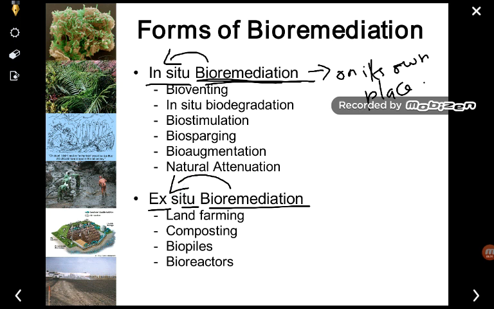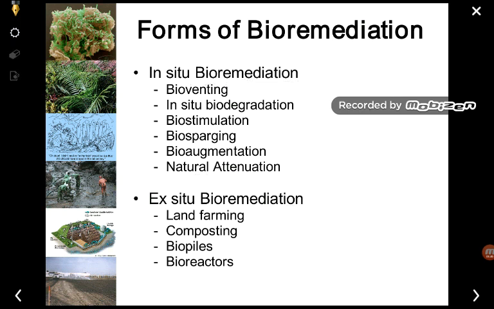practiced off site means that where wastewater is present and this wastewater is to be treated, the wastewater is taken to a particular tank and then there the remediation process is continued. That process is said to be ex situ, where the source is different and the treatment process is done somewhere different.